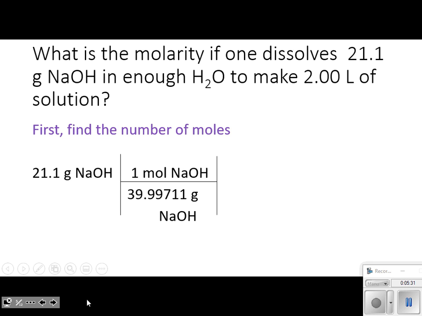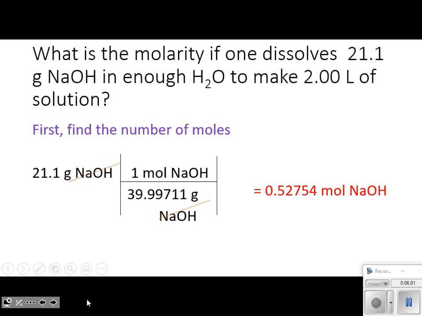So 21.1 grams of sodium hydroxide. My conversion box is 1 mole of sodium hydroxide over 39.99711 grams. So I get my grams to cancel here. I have now converted that into moles. You should have got 0.52754 moles of sodium hydroxide.